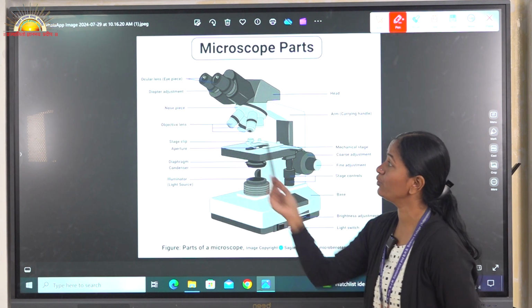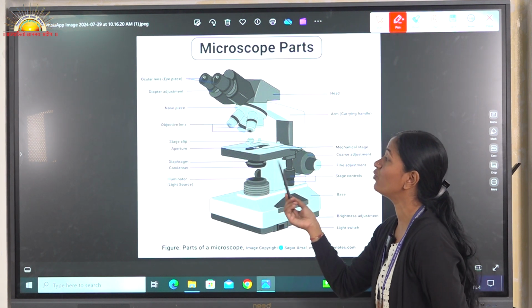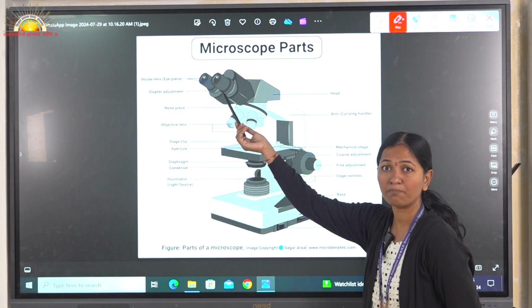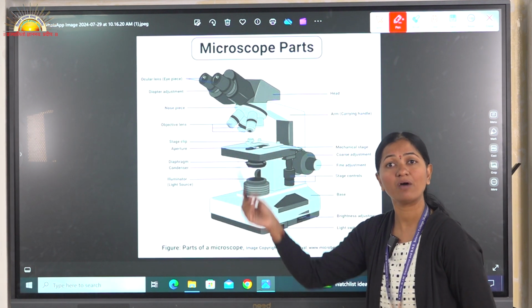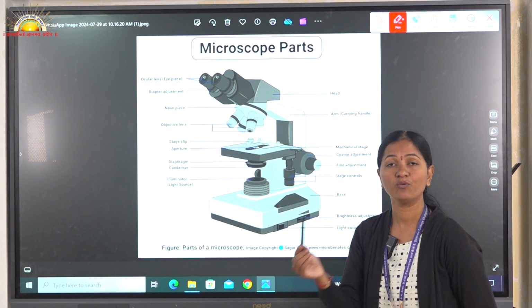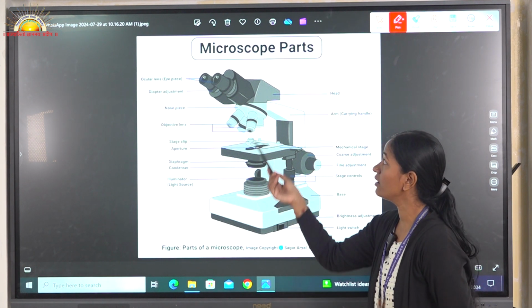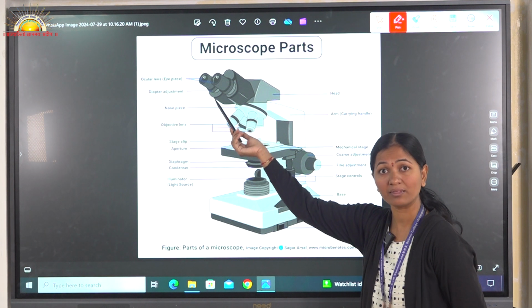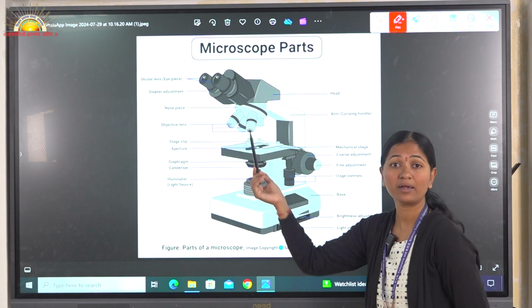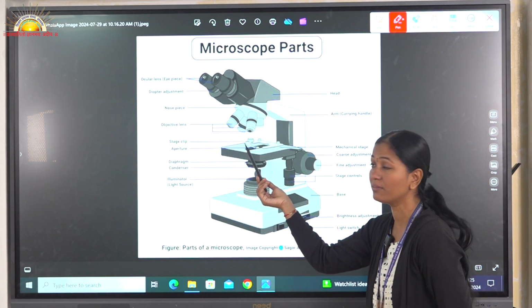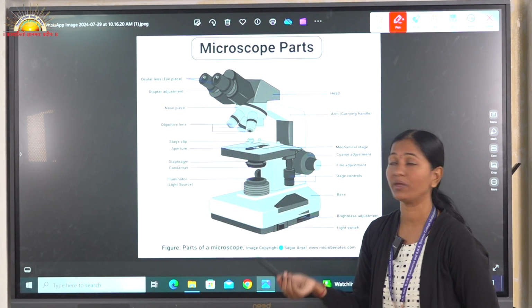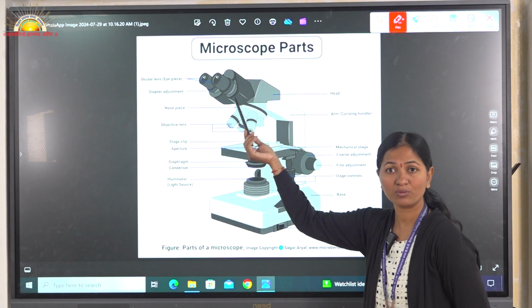Similarly, if you use a 10x eyepiece and a 40x objective lens, your magnification would be 400. Similarly, when you use a 10x eyepiece with a 100x oil immersion objective, your image is enlarged 1000 times.